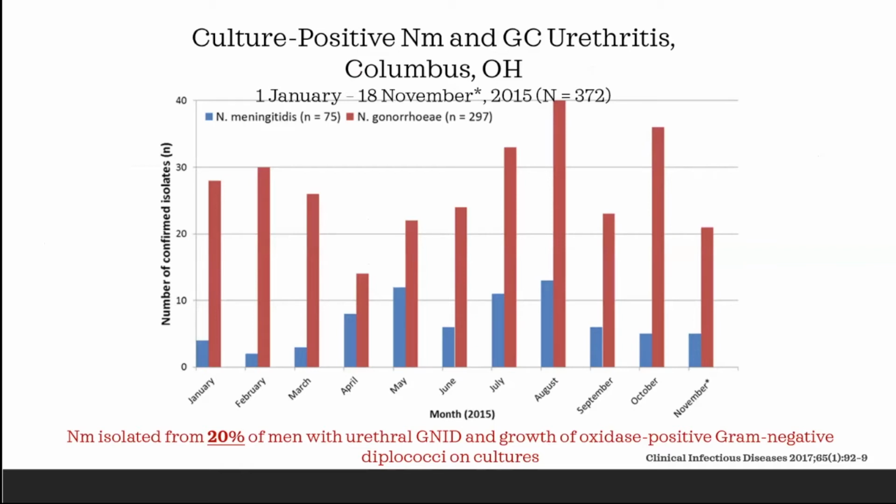And during that year, 20% of isolates from the urethra presenting to this STD clinic grew Neisseria meningitidis. And subsequently, this became known as the U.S. Neisseria meningitidis urethritis clade.